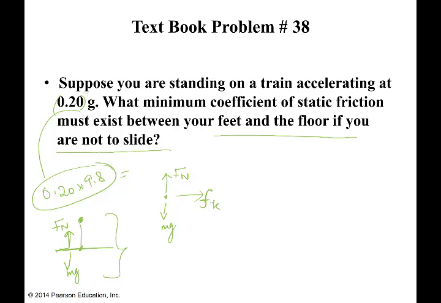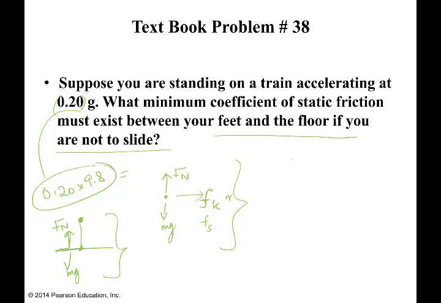So force of kinetic friction or static friction: if it's not moving, there will be force of static friction. If it's moving, there will be kinetic friction. So what minimum coefficient of static friction must exist between your feet and the floor if you are not to slide? Not to slide means that you will not slide until your force of friction is greater than ma.